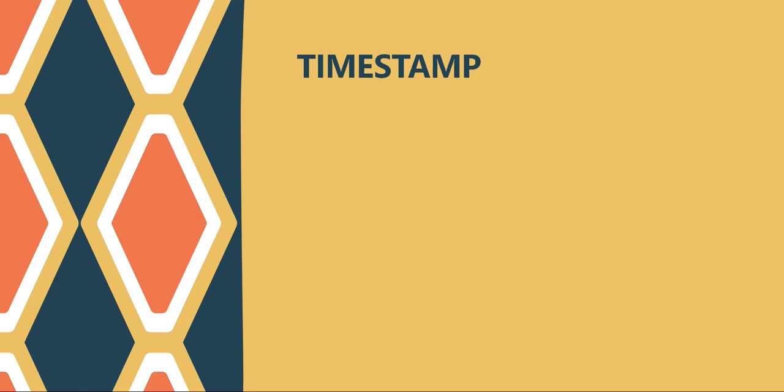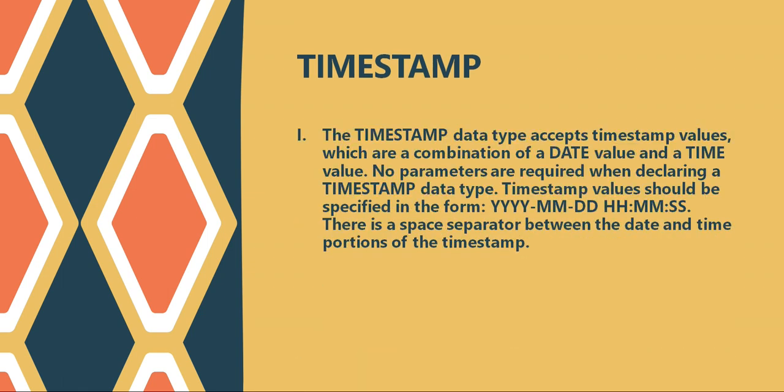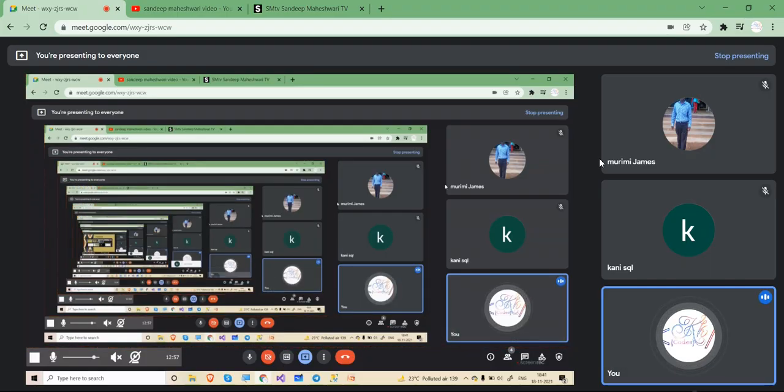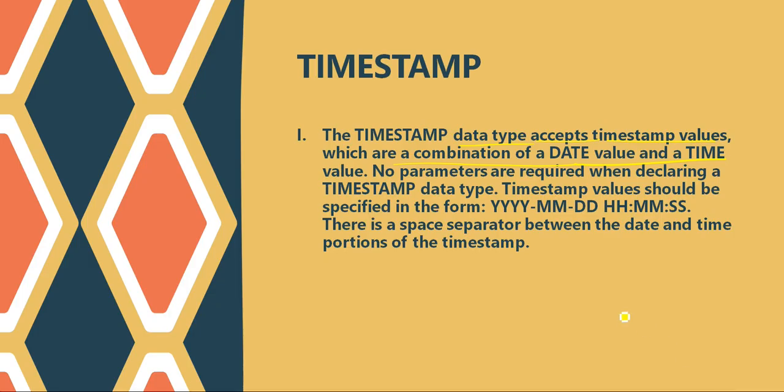And next we have the timestamp. What is this? The timestamp data type accepts timestamp values which are a combination of date values and a time value. This is actually a combination of date and time. Let's say someone has signed a paper at some time.